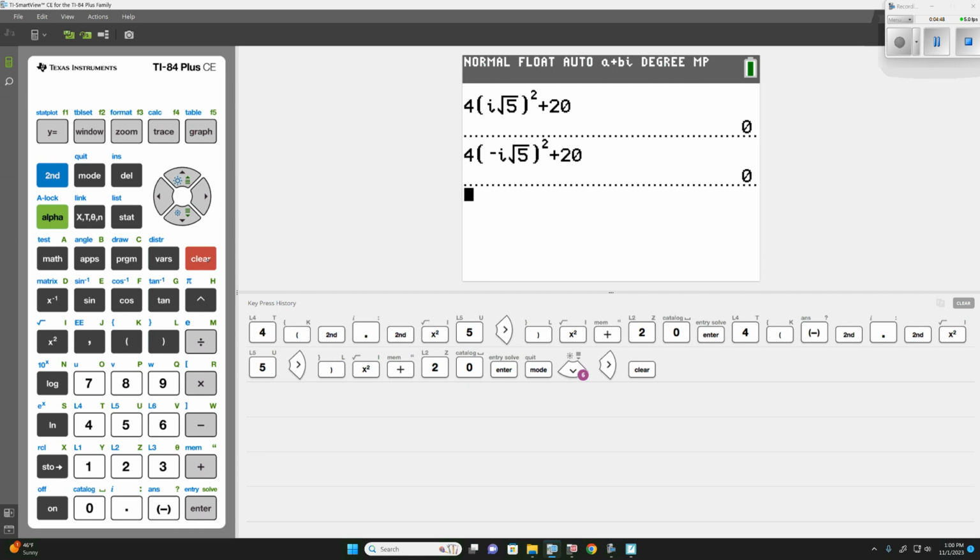Go down to where it says a plus bi, hit enter, then you can hit clear, and it'll take.